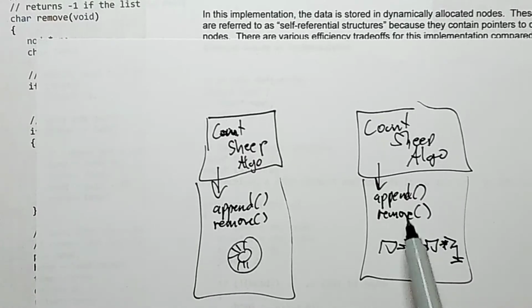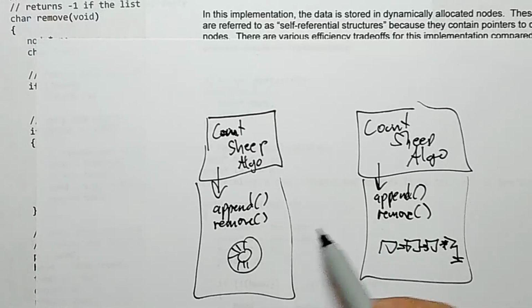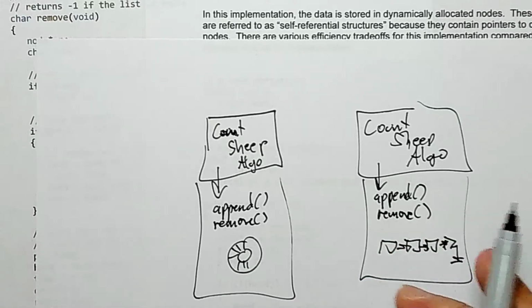Right, so the count sheep algorithm doesn't care which one of these guys it uses. This is like the Ferrari, let's say, and this is like the Toyota minivan. And you might choose one or the other depending on some details of these implementations. Now, these are such simple containers, append and remove, that the differences between these two operations are not really that important.